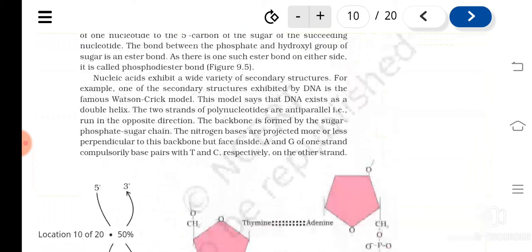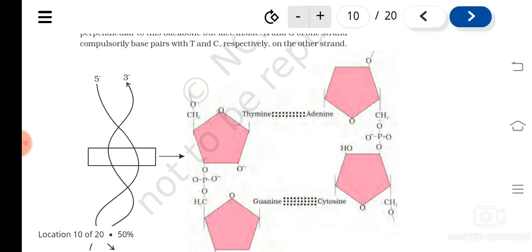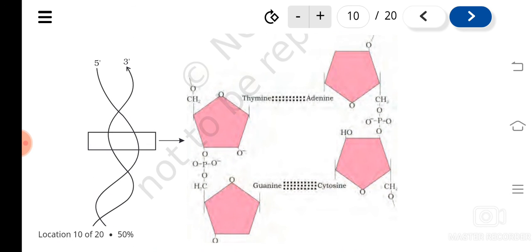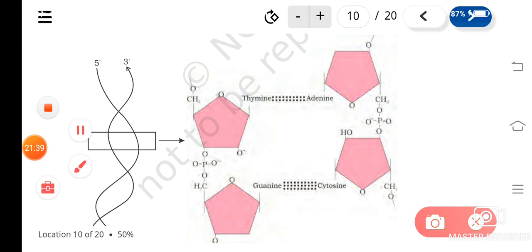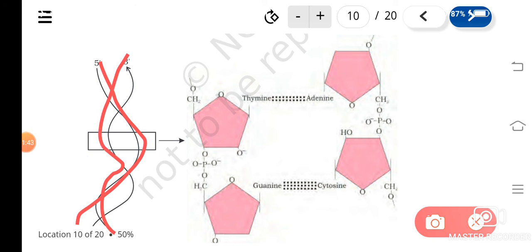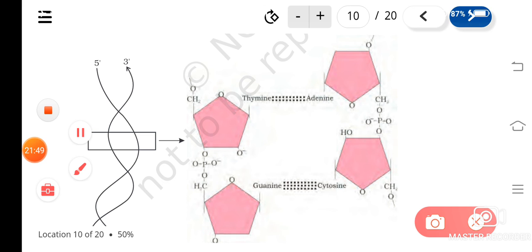So who proposed the DNA structure? Watson and Crick. According to their model, DNA has a double helix with two strands which are antiparallel to each other, their directions being different.